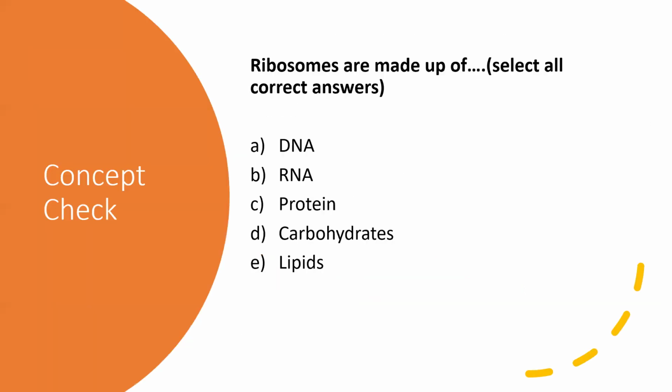All right, just 2 more concept check questions, and then we're going to go. Do you remember the answer for this one? Okay, that's one of them. Good. What else? There are 2 answers. That's right. Okay, so ribosomes are made up of RNA and protein.